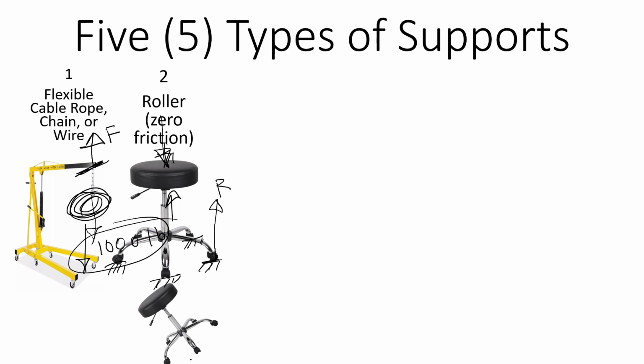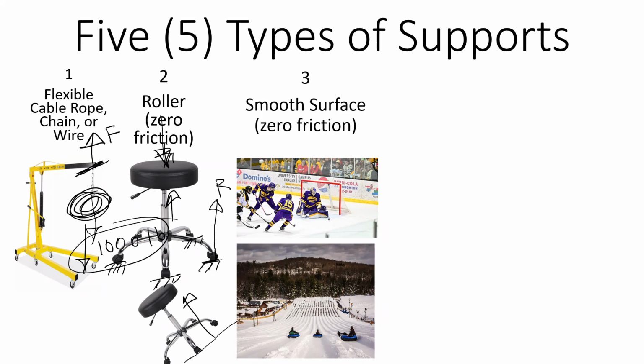Now if it's on an inclined surface like this, then again the reaction would be perpendicular to the surface, not in the vertical direction. And a smooth surface is actually the same as the rollers. Let's say we're trying to analyze this player; the reaction will be exactly perpendicular, even though he's at that angle.